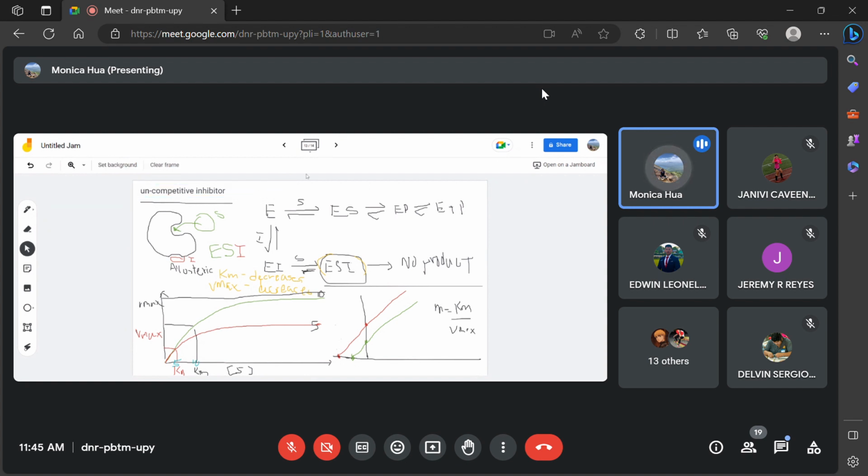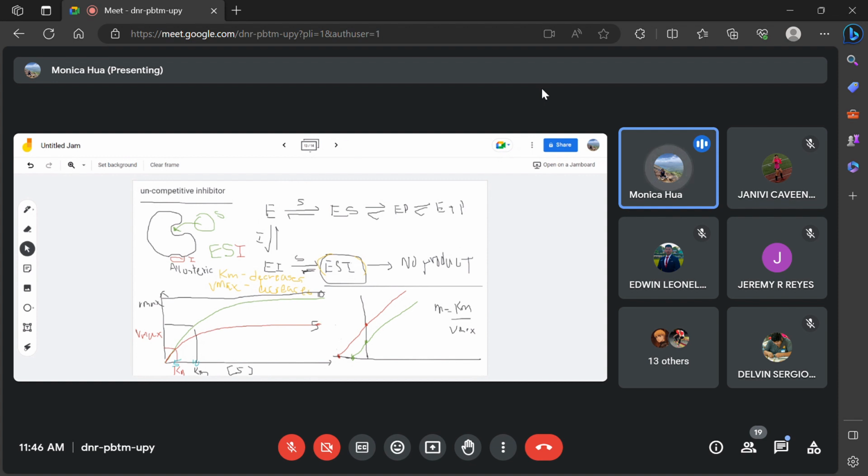There's another one called non-competitive, but the big difference between both, they do the same thing. All of this is the same, except of course here. But for the non-competitive inhibitor, the enzyme substrate inhibitor complex is different. It has a different affinity for the inhibitor, and the substrate and the enzyme have a different affinity for the non-competitive inhibitor.